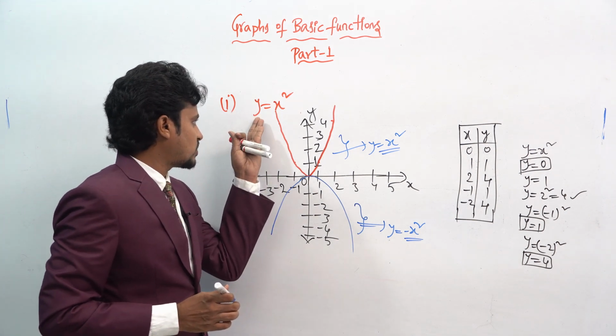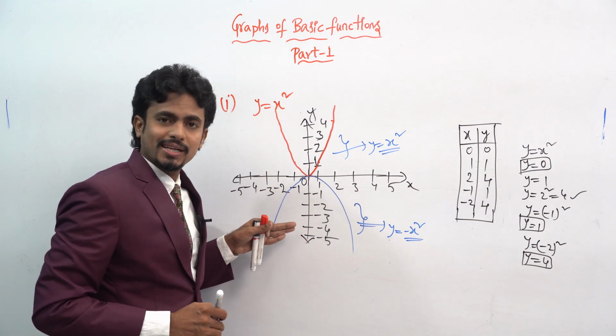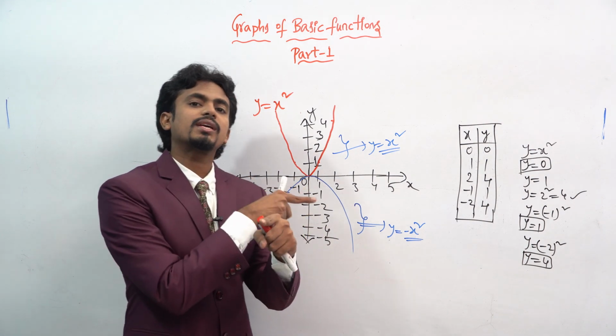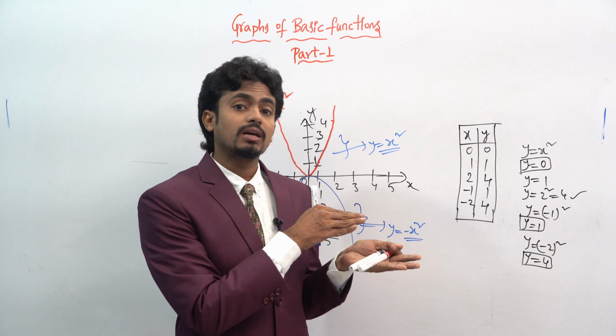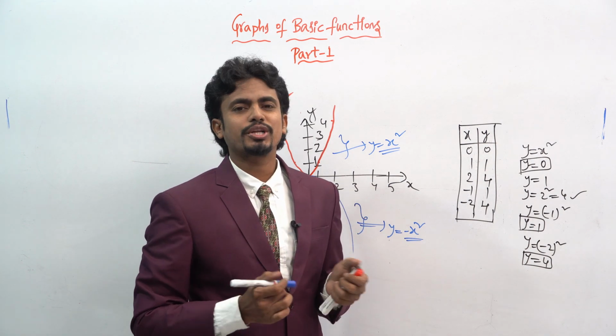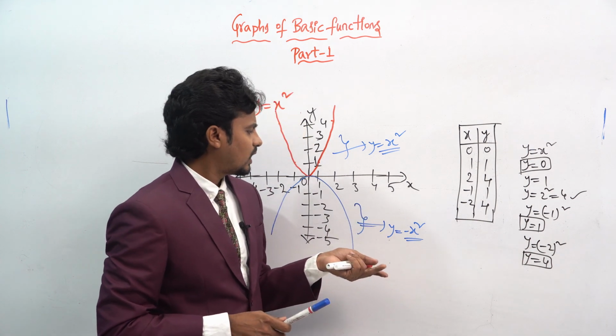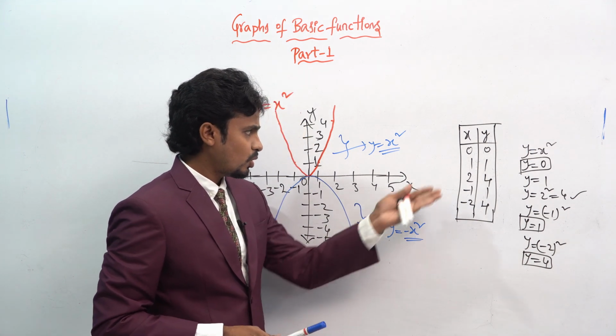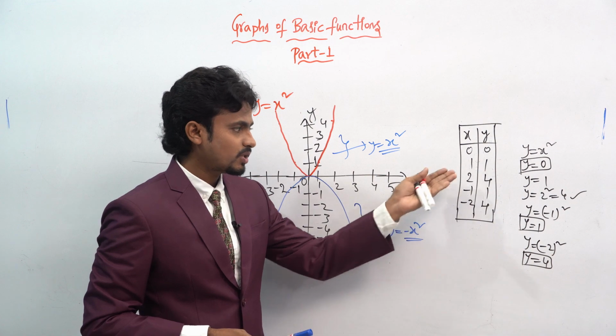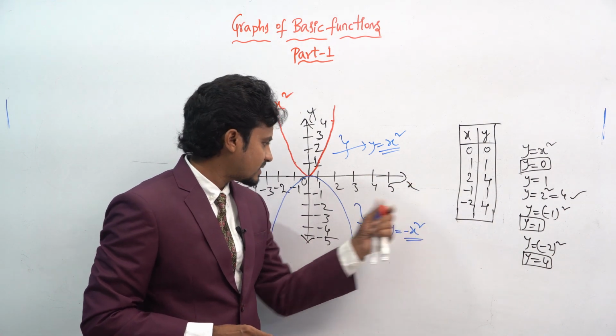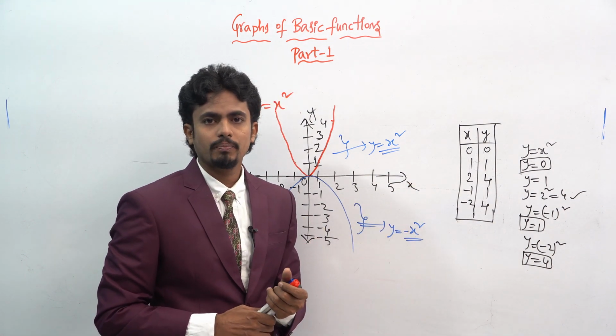So if you know y = x square, y = -x square is not an issue. In the earlier case also, if you know y = x + 1, y = x - 1 is not an issue, right? And if you want to find y = -x square, you can also find it by using this table. You will get the same answer like this. Okay.